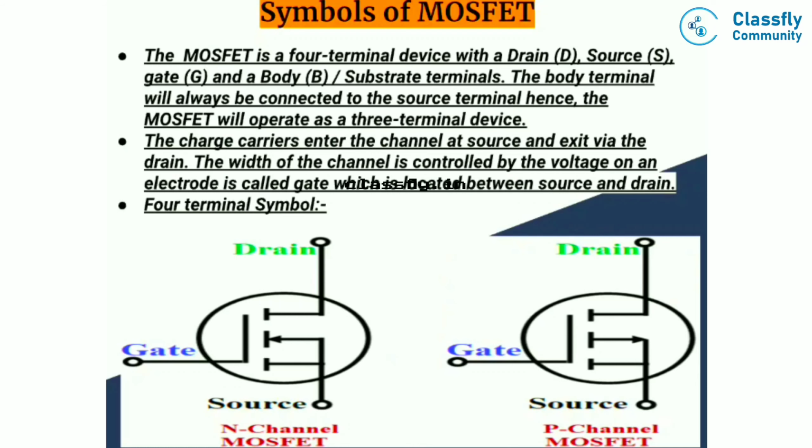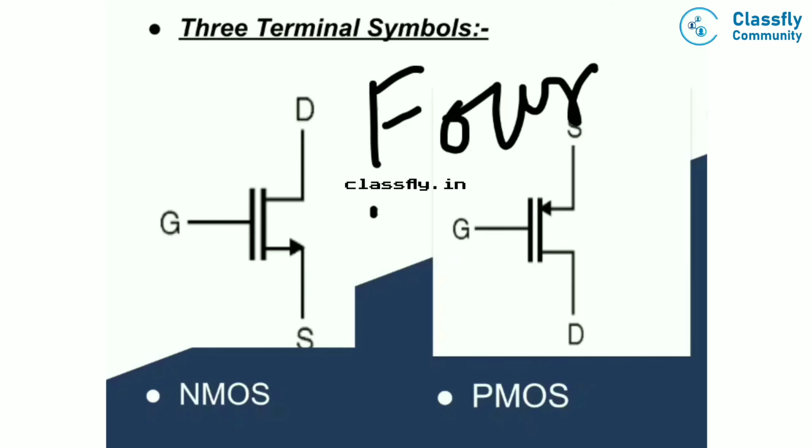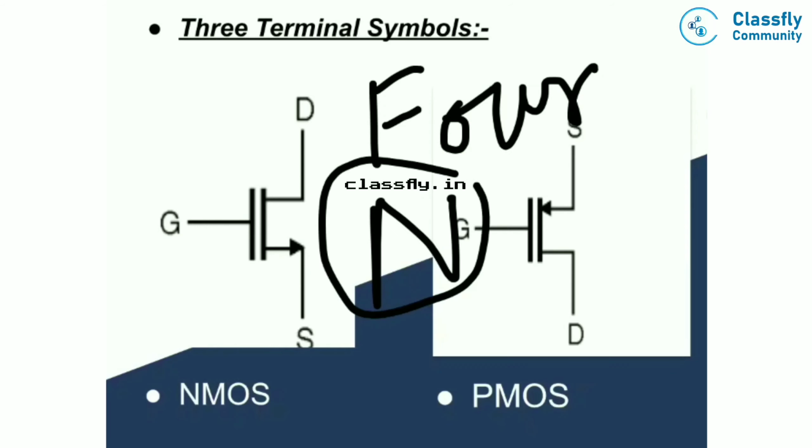In the 4 terminal symbol, the N channel arrow goes in, whereas for the 3 terminal, the N channel arrow comes out. How will you remember? Think of 4 terminal as N channel is in. For 4, the letter N is there, so it will be in.